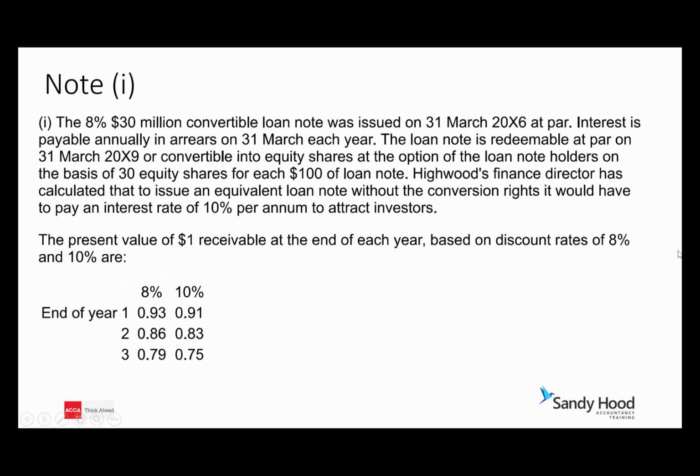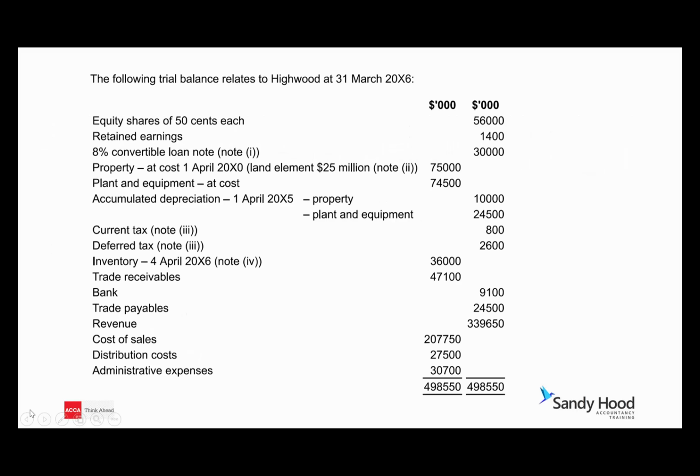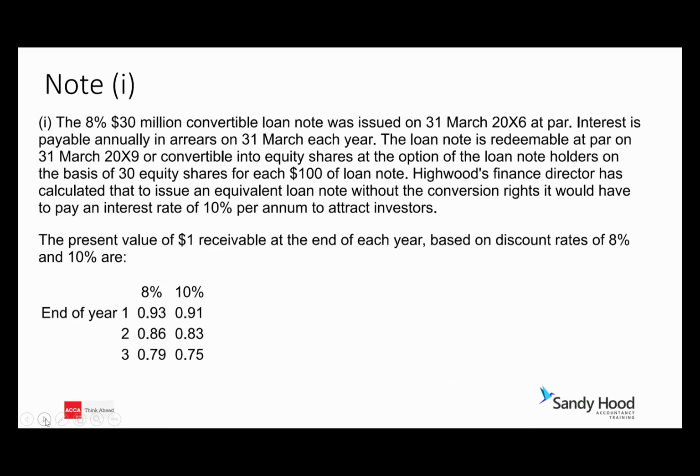The first note says there's an 8% $30 million convertible loan note issued 31st of March. Okay, so that was issued at par. Just as a reminder that today is the 31st of March, so we are looking at something that's only just been issued. Interest is payable in arrears on 31st of March each year.